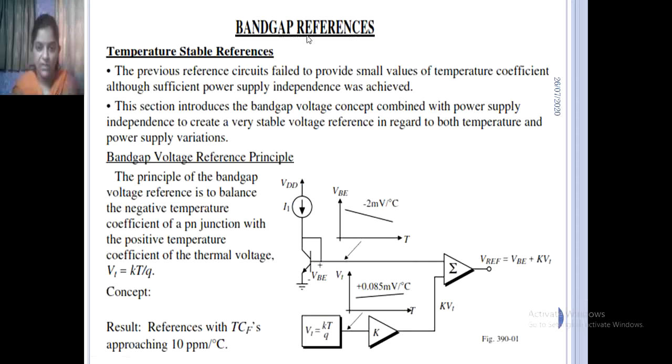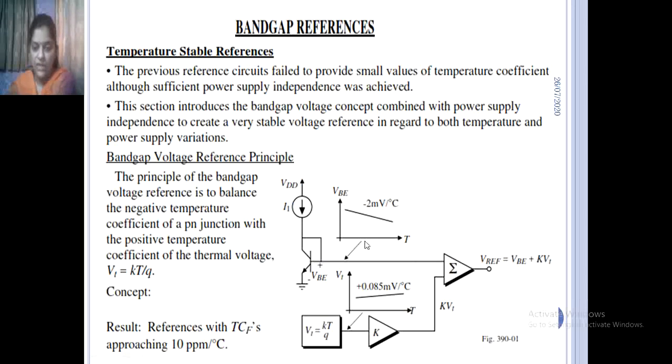So why is there a need for bandgap references? Because we are setting the reference circuit, but due to the temperature coefficient, they have low stability. So we have to design it such that it balances the negative temperature coefficient of the device material and the positive temperature coefficient of the thermal voltage.